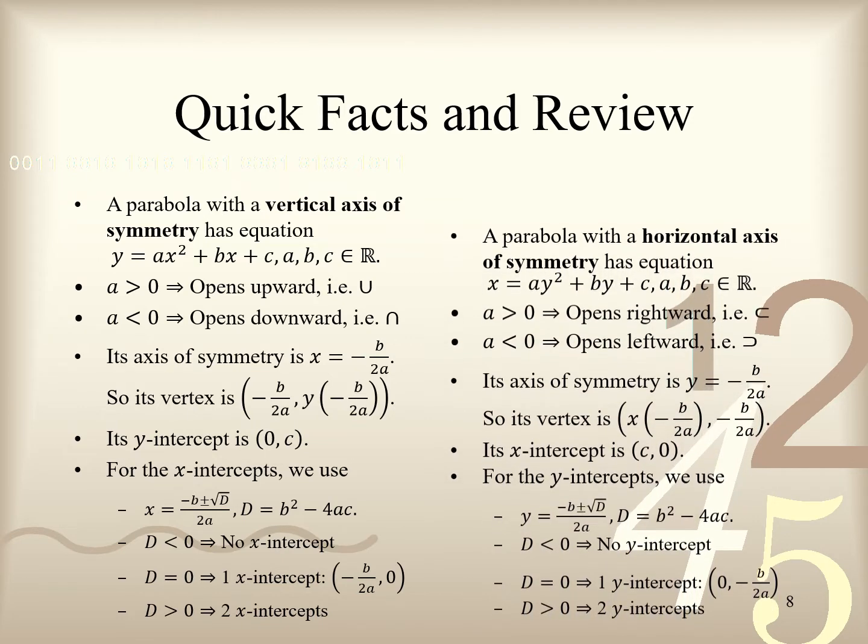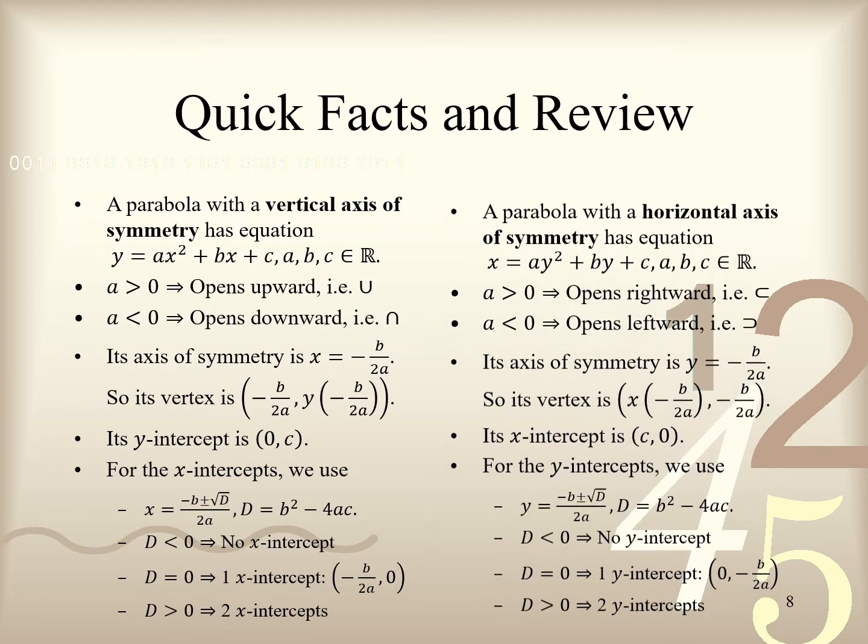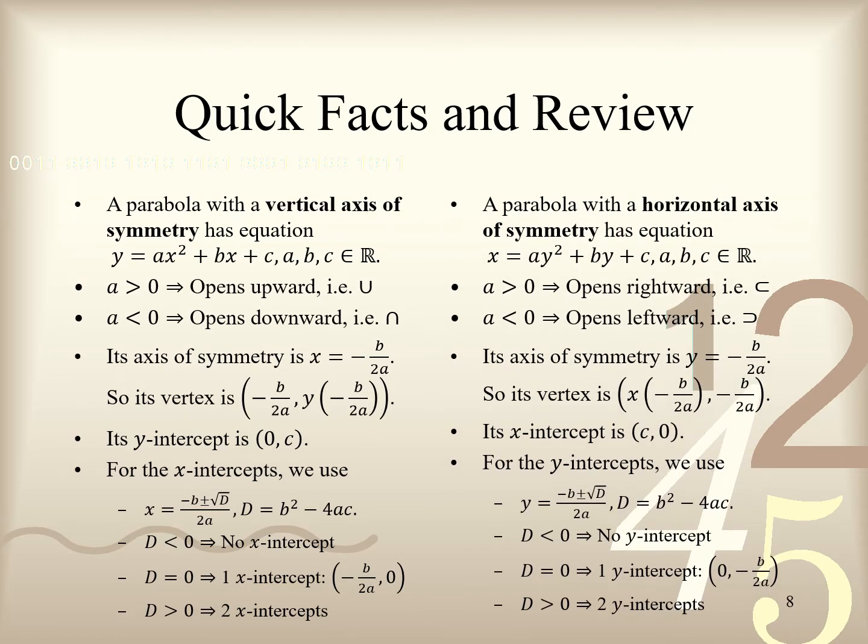A similar analysis can be done for a parabola with a horizontal axis of symmetry. Note that the quadratic equation is now x equal to ay squared plus by plus c. In this case, a strictly positive implies that the parabola opens to the right. However, a negative implies that the parabola opens to the left.